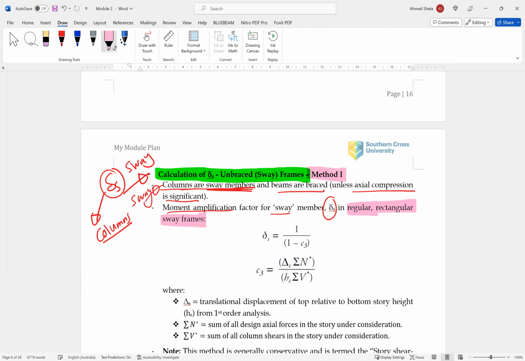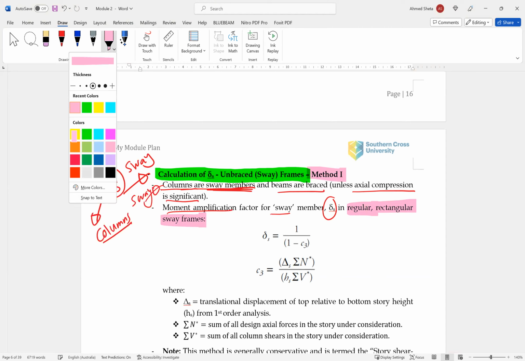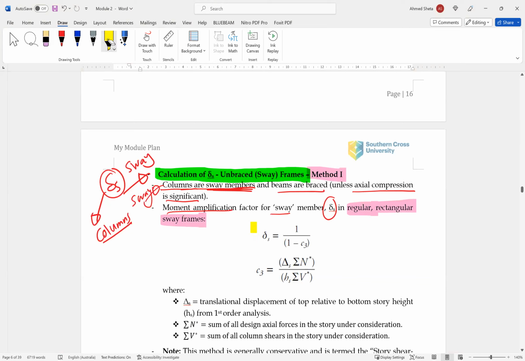So this equation, delta S equals 1 over 1 minus C3, where C3 is delta S times summation N star over H S summation V star, where delta S is the translational displacement of top relative to bottom of story height H S from first order analysis.